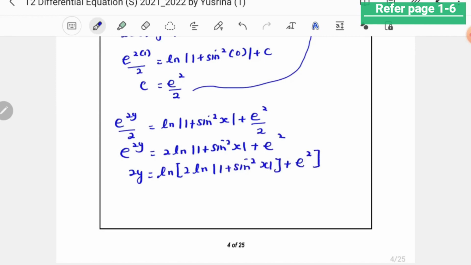Okay, then y equals 1 over 2 ln(2 ln(1 + sin² x) + e²). We call the last solution the particular solution.